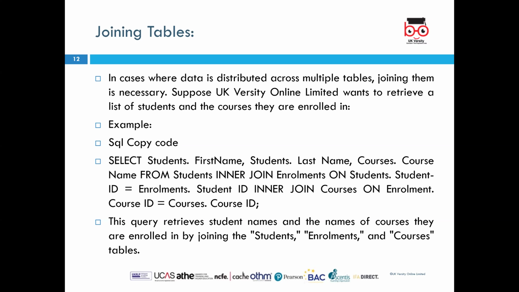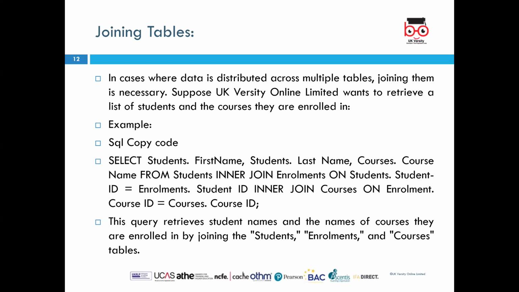The SQL code is: select students dot first name, comma, students dot last name, comma, courses dot course name from students inner join enrollments on students dot student ID is equal to enrollments dot student ID inner join courses on enrollments dot course ID is equal to courses dot course ID.